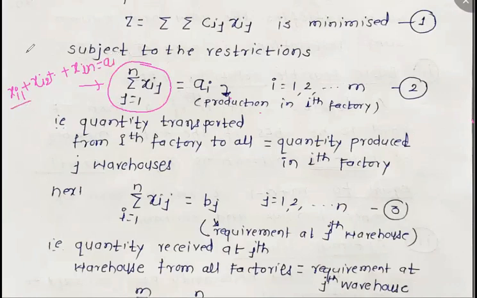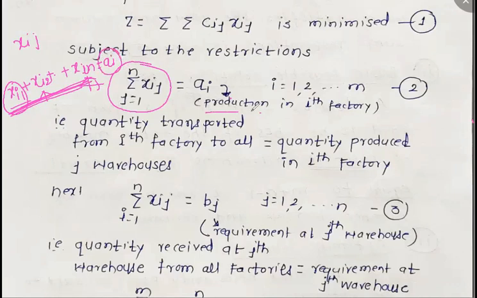Now Xij means the quantity transported from the ith factory to the jth warehouse. So this is the quantity transported from the ith factory to the first warehouse, the quantity transported from the ith factory to the second warehouse, the quantity transported from the ith factory to the third warehouse, and this is the quantity transported from the ith factory to the nth warehouse. So that means the quantity transported from the ith factory to all n warehouses is equal to the quantity available at the ith factory.